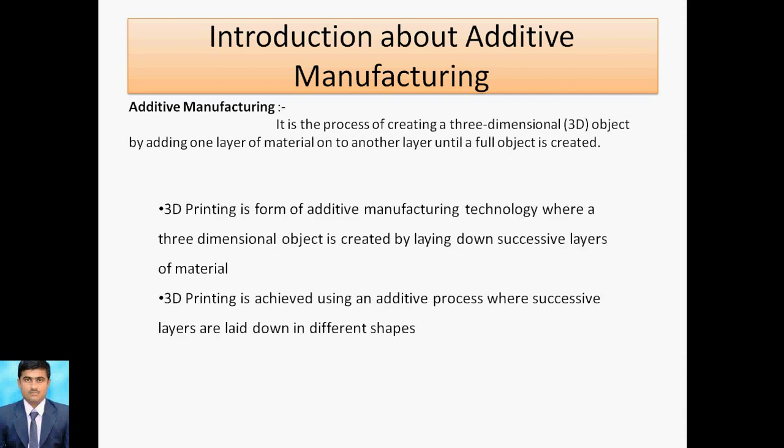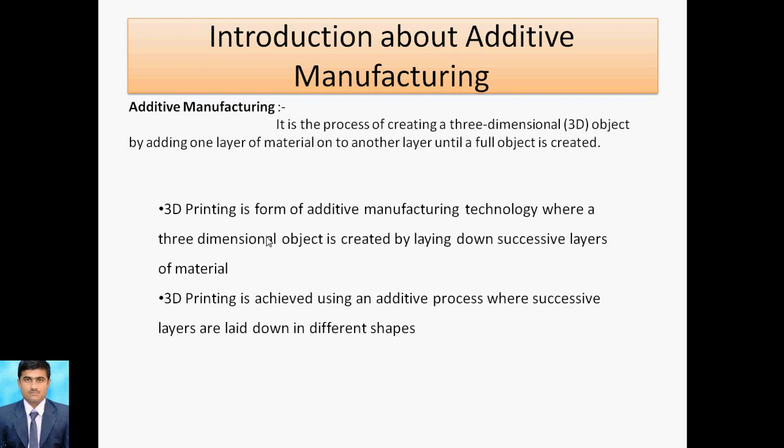It is also called 3D printing, a technology where a three-dimensional object is created by laying down successive layers of material. The 3D printing is achieved using an adhesive process where the successive layers are laid down in different shapes.